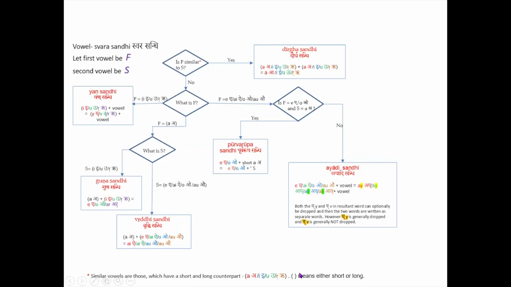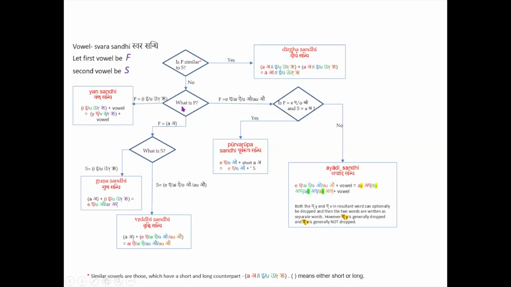And when something is in bracket, that means either short or long. That means the vowel could be either in the short form or long form. So A is the short form, A is the long form. So first is, if it is similar, then Dirgha Sandhi will take place. And the resultant would be Akara, Ikara, Ukara, Rukara.